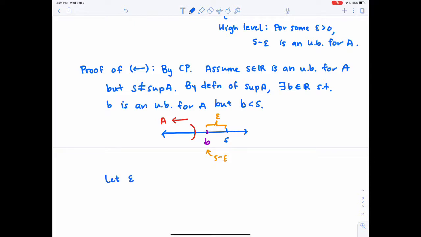We're at the existence part, so we should be saying let epsilon equal something. Well, epsilon equals S minus B. It's just the distance between S and B. And we can note here the number we've selected is bigger than 0, because remember we assumed here that B was less than S because we said S wasn't least.